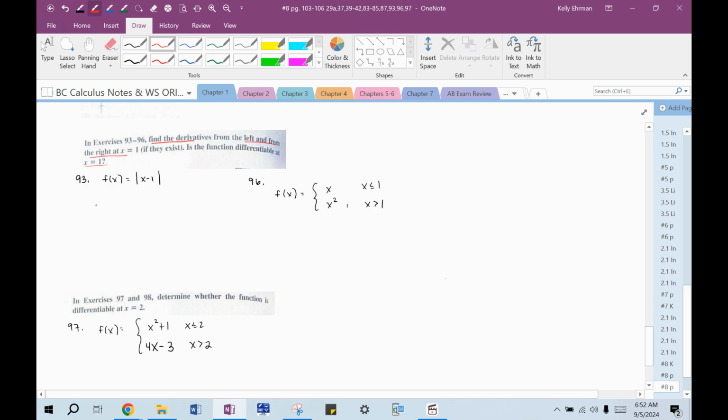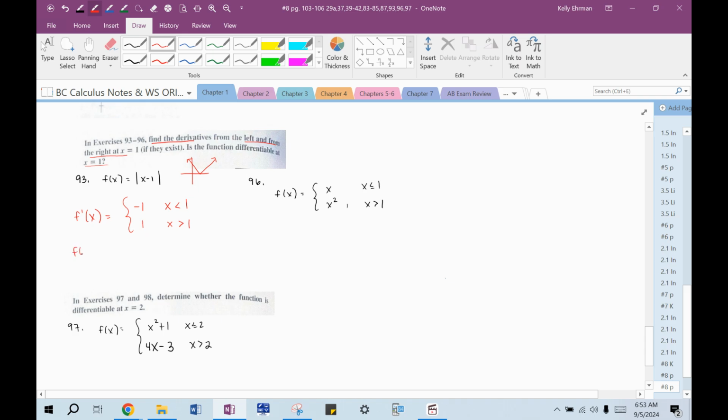But if I'm supposed to find the derivatives, I'm going to say f prime of x. Remember, this absolute value graph, derivatives are just the tangent slopes at each point. So the tangent slopes will be -1 if you're to the left, if x is less than 1, and it'll be +1 if you're to the right of 1. And if f prime is not continuous, or doesn't exist at a certain point, then f of x is not differentiable.